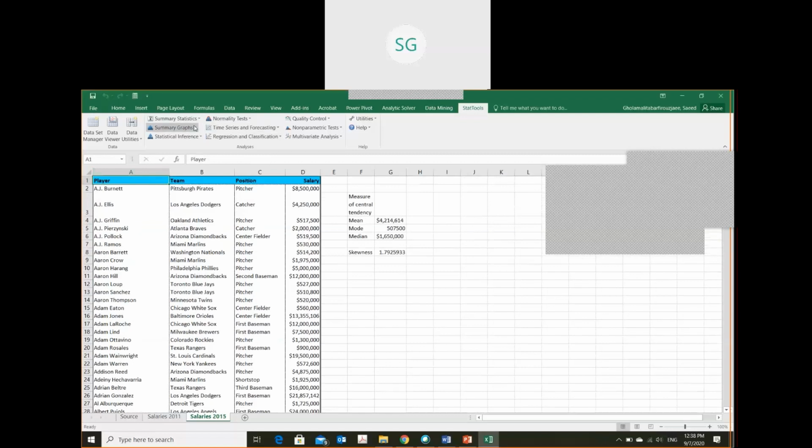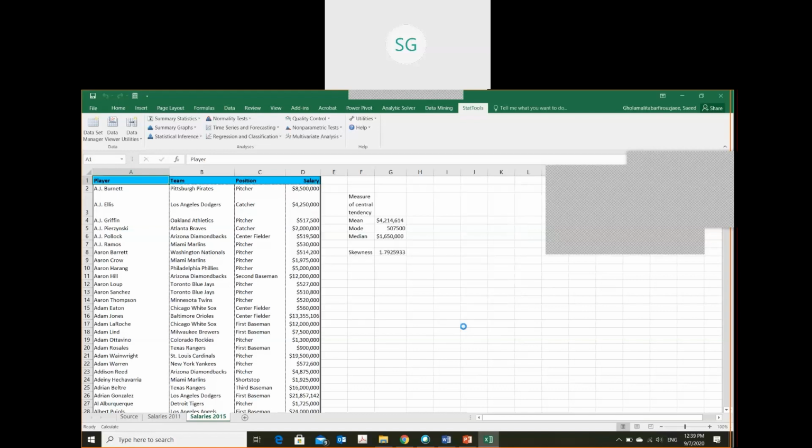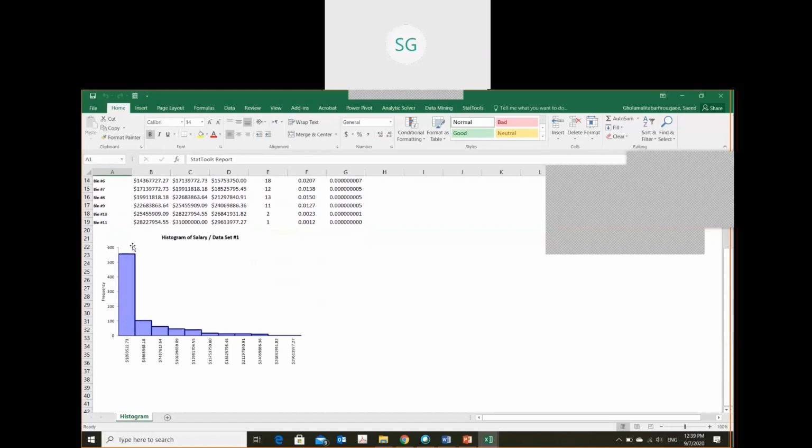Now we go to the summary graph, histogram. We want to see the distribution of the salary to see if it is skewed to the right or not. Do you guys see? This shape shows the skewness to the right.